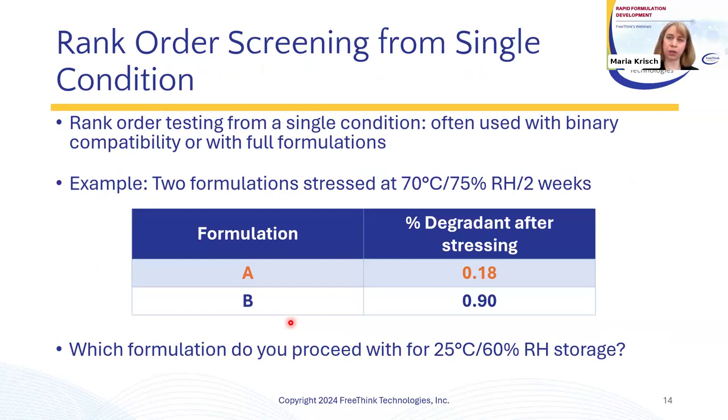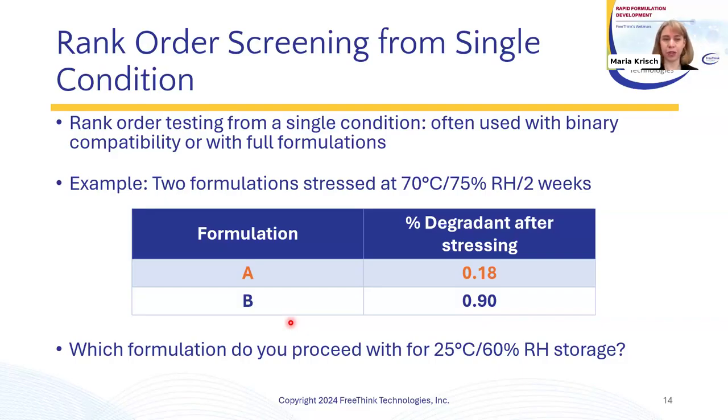A common way to quickly assess either binary compatibility or full formulations is to look at a single very accelerated condition, to get data rapidly and ask how this formulation or mixture performs at a highly stressed condition. An example is two formulations. In this case, I'm going to look at full formulations, not binary mixtures, stressed at 70 degrees C, 70% RH for 2 weeks. When this is done, you get some results.